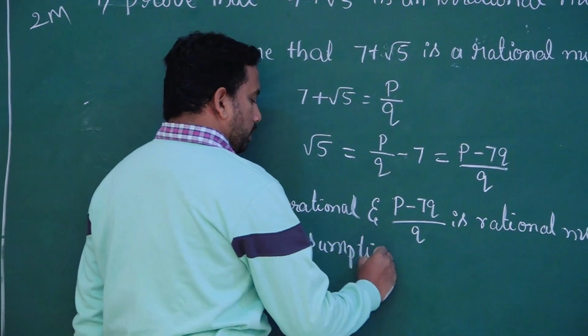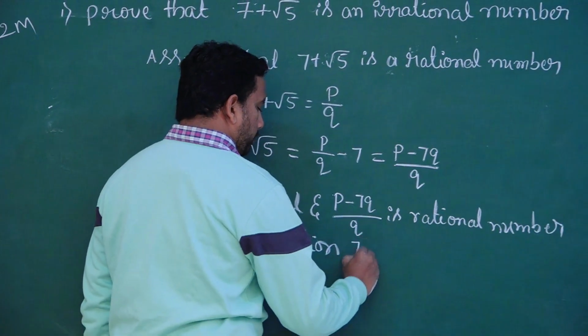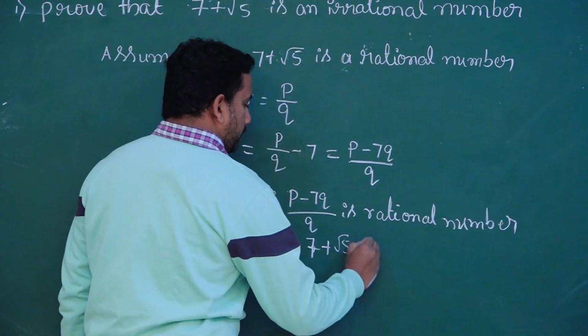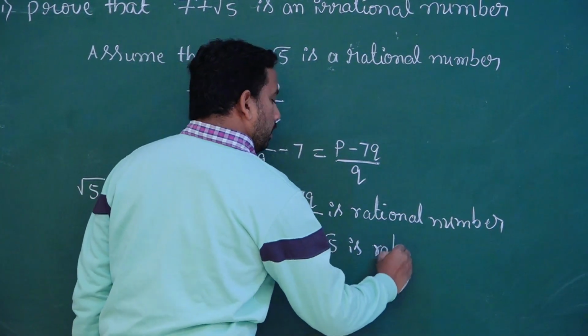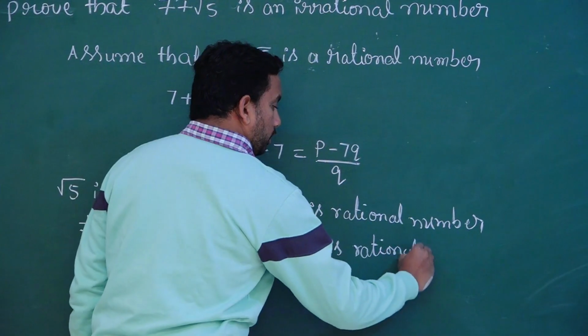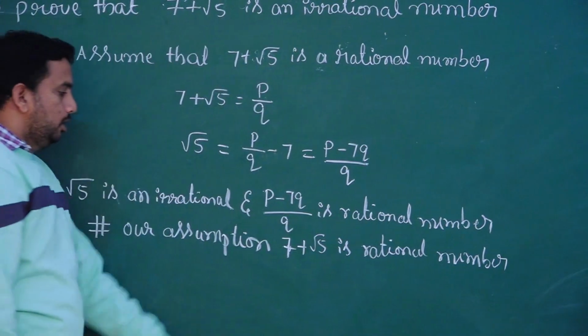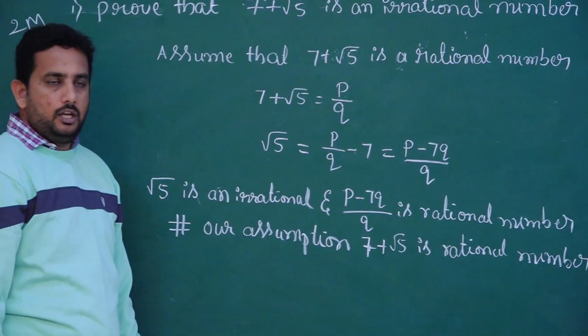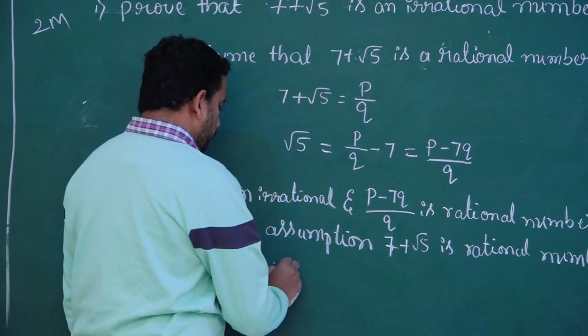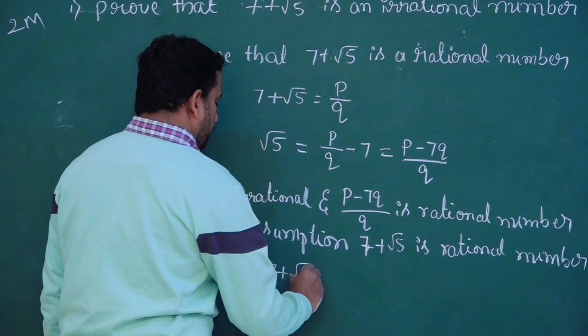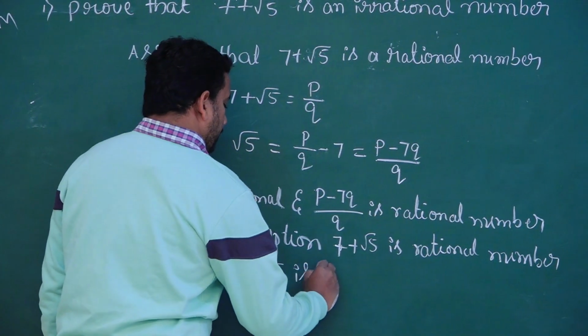What is our assumption? 7 plus root 5 is a rational number. So this is contrary to our assumption. Therefore we can conclude that 7 plus root 5 is an irrational number.